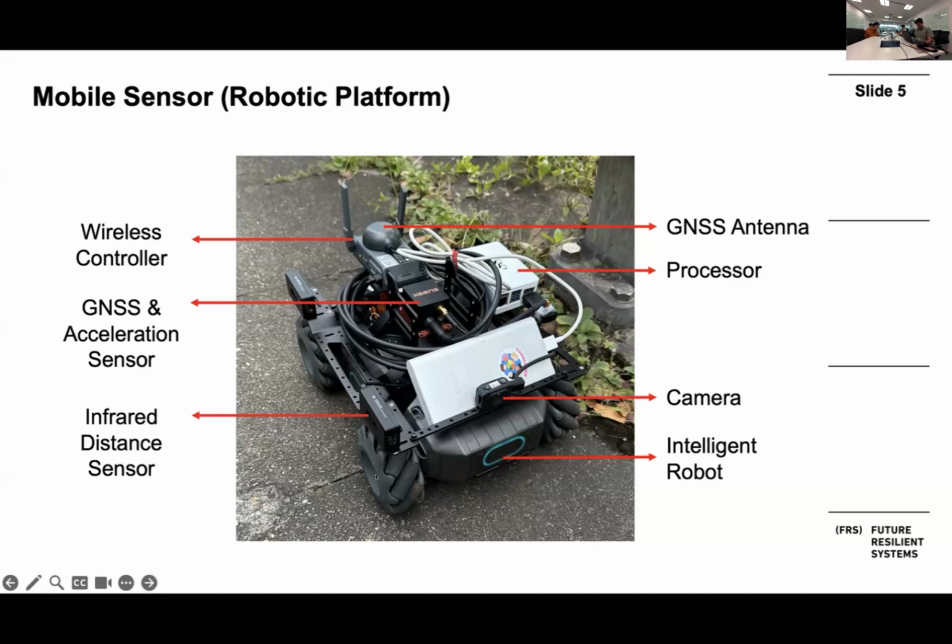Based on this robotic platform, we made our own modifications. We installed a high-end accelerometer and a satellite sensor on top. We also have a GPS antenna and an infrared distance sensor to avoid the robot colliding with obstacles. We also have cameras, which allow us to use computer vision techniques to navigate the robot and so on.